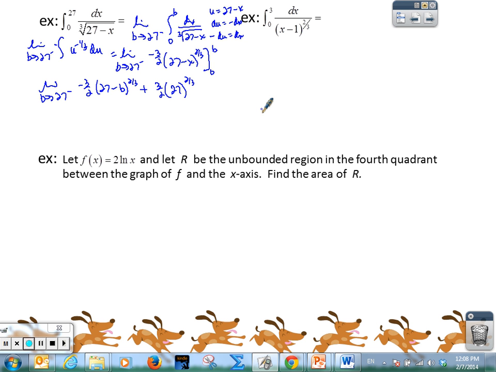Okay, let's take the limit. When we take the limit, our first term is going to go to 0. And I'm going to be left with this kind of crazy looking thing. So cubed root of 27 is 3. 3 squared is 9. So it's 3/2 times 9, or 27/2.